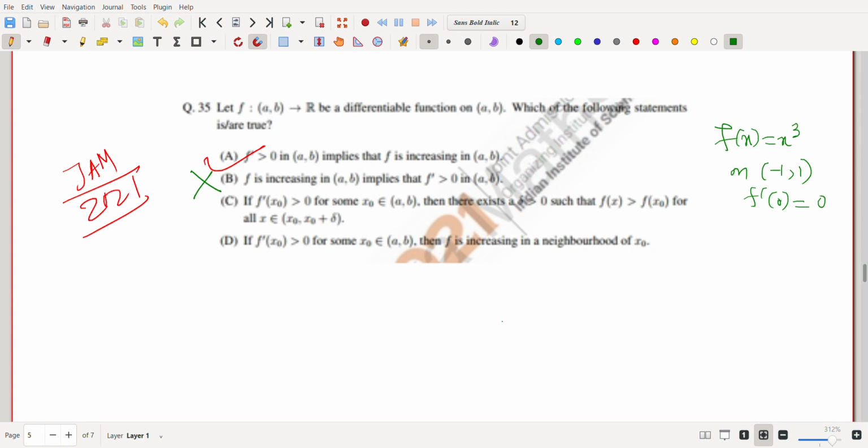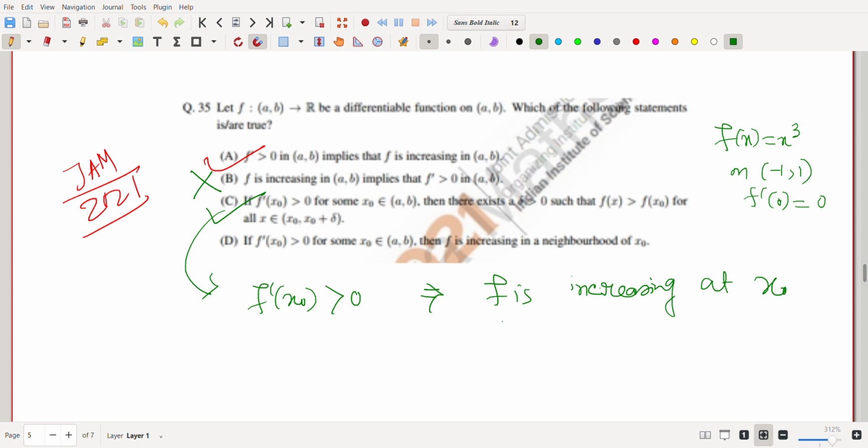Third one: if f prime x naught is greater than 0 for some x naught, then there exists a delta greater than 0 such that f x is greater than f x naught for all x belonging to x naught comma x naught plus delta. This statement is also true because f prime x naught greater than 0 will imply f is increasing at x naught.